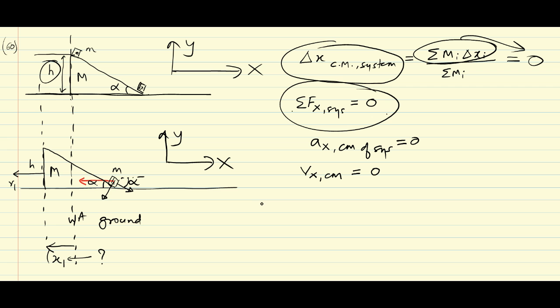So the mass small m multiplied by delta x of the Cm of small m plus the mass capital M multiplied by delta x of the Cm of capital M must be equal to 0.